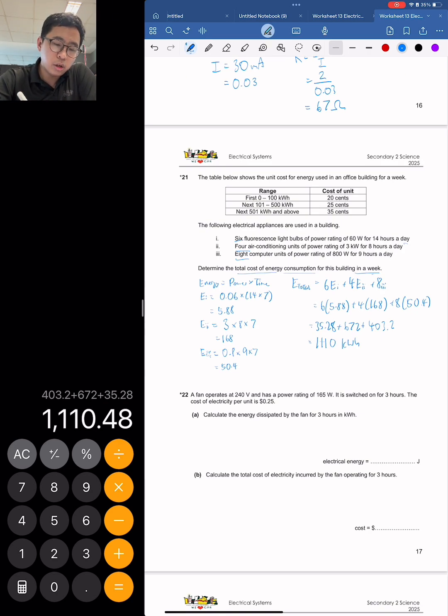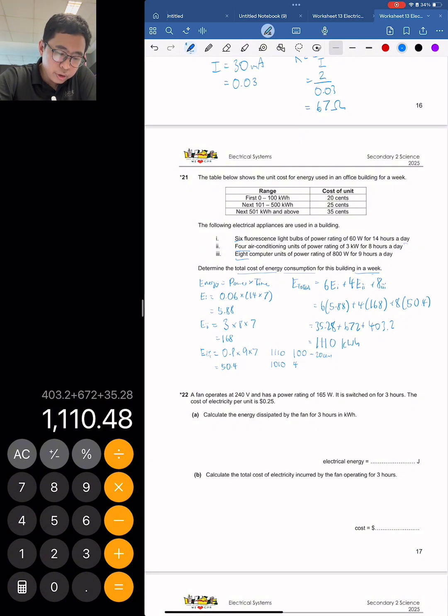So now we look at the cost. Let's break down 1110. The first 100 costs 20 cents. After that, we have 1010 left.